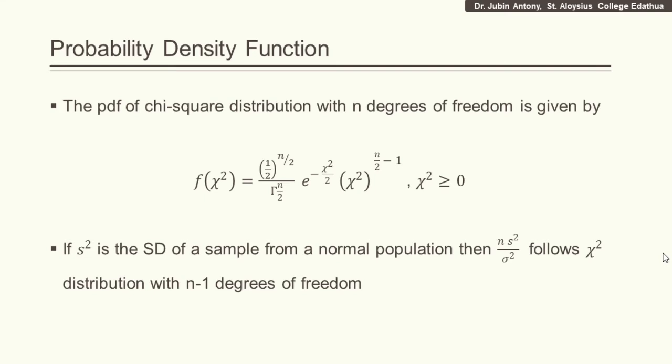Here, the random variable chi-square can take any value greater than 0. If small s square is the variance of a sample from a normal population, then n s square by sigma square follows chi-square distribution with n minus 1 degrees of freedom.